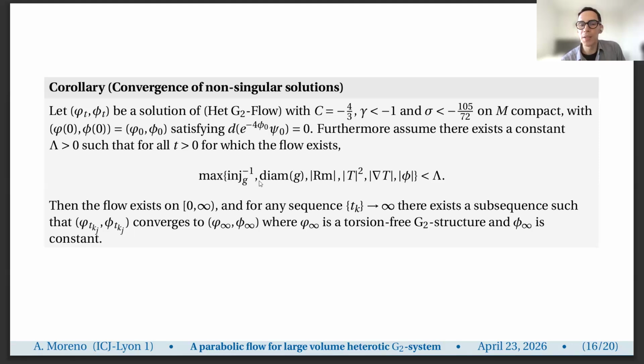So using this bound and the monotonicity that we have for this particular choice of gamma and sigma, and using the compactness result, which is also obtained in the paper of Lotay and Wei, you can extract a subsequence which is going to converge to a torsion-free G2 structure, which are the critical points of the flow.